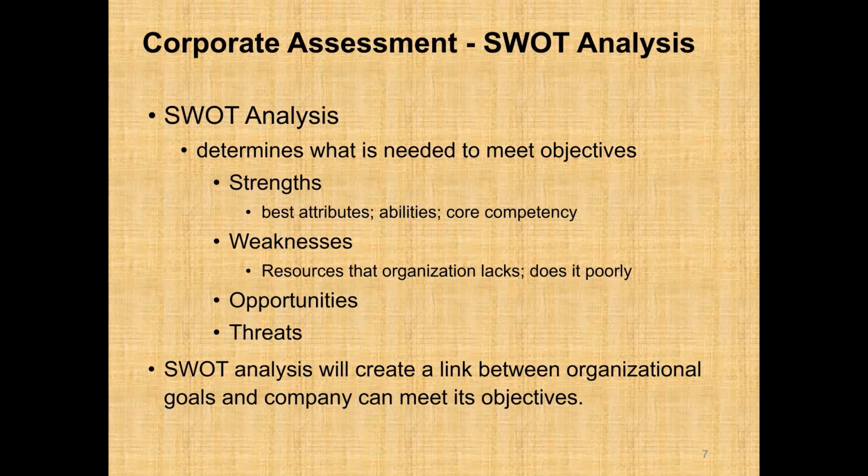So SWOT analysis determines what is needed to meet organizational objectives. Or we can say that SWOT analysis creates a link between organizational goals and the company, and how that company can meet those objectives. It provides a link between the objectives and how they need to be attained.